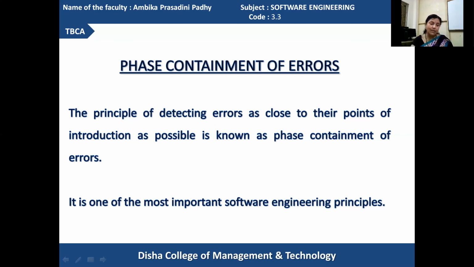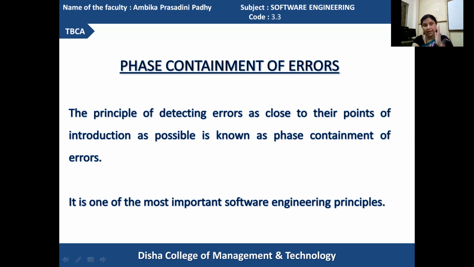It is always desirable that when a particular phase is executed, the errors must be detected and solved there only. If solving the problem at that particular phase, as and when it occurs, is not possible, then we can rectify it by coming back one or two phases.